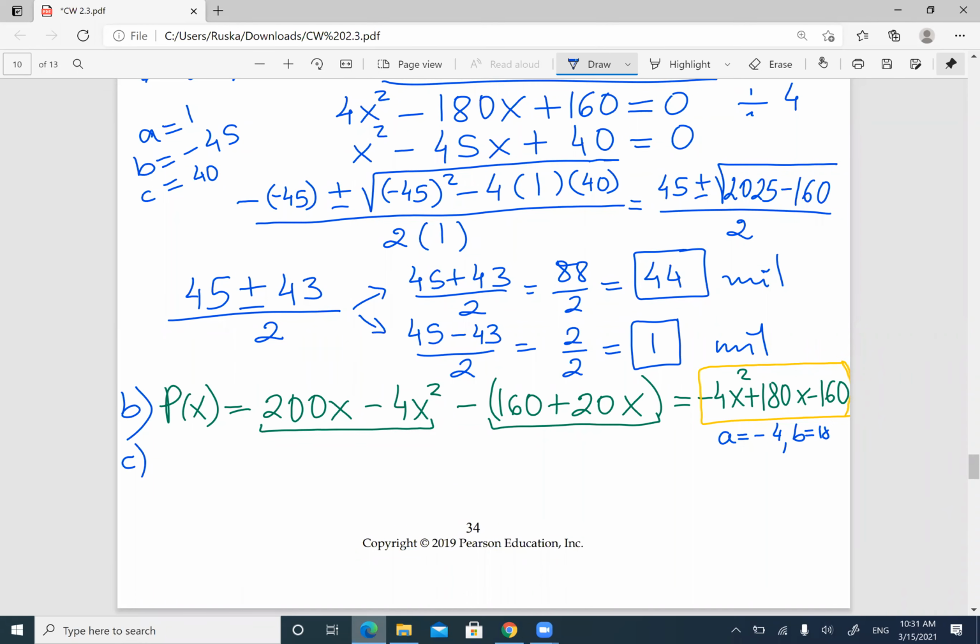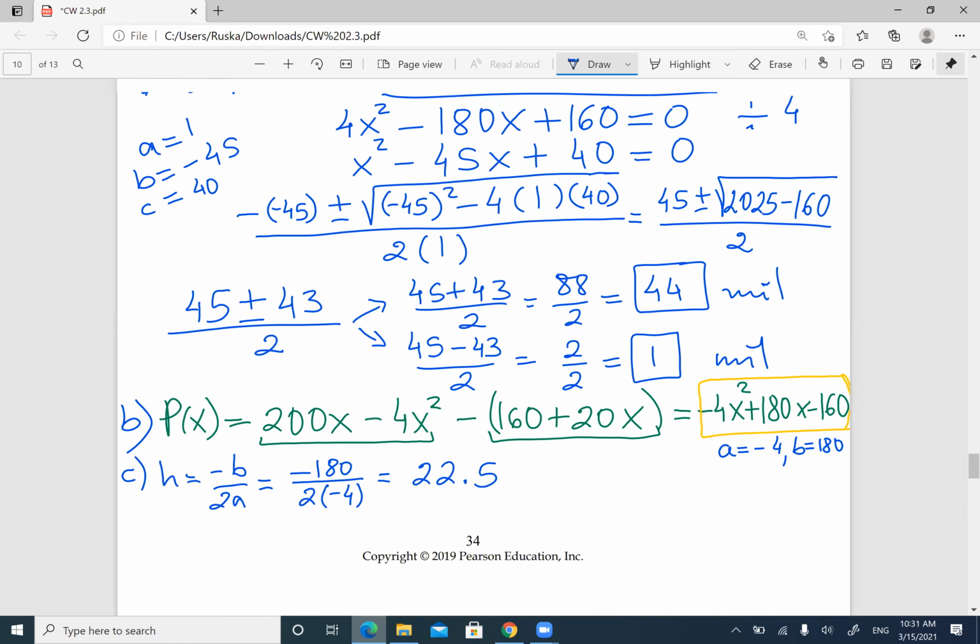I'm going to use the vertex formula, which is -B over 2A. And it's going to be -180 over 2 times -4. And you're going to reduce that. So 180 divided by 8 is going to be 22.5.